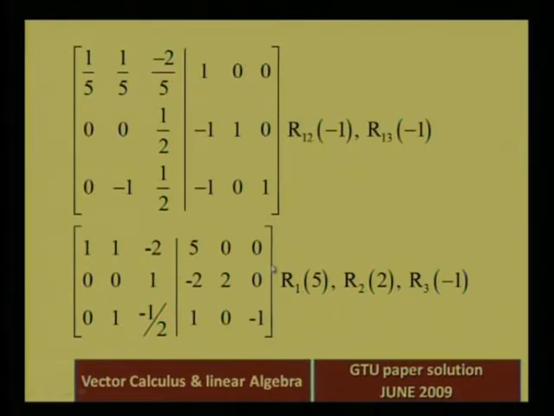Now we multiply the second row with 2, so the second row becomes 0 0 1 minus 2 2 0. We multiply the third row with minus 1, so 0 1 minus 3 by 2, sorry, 0 1 minus 1 by 2, 1 0 minus 1.